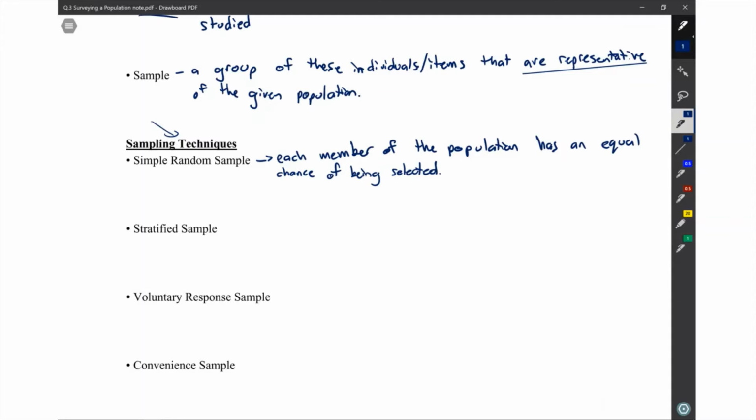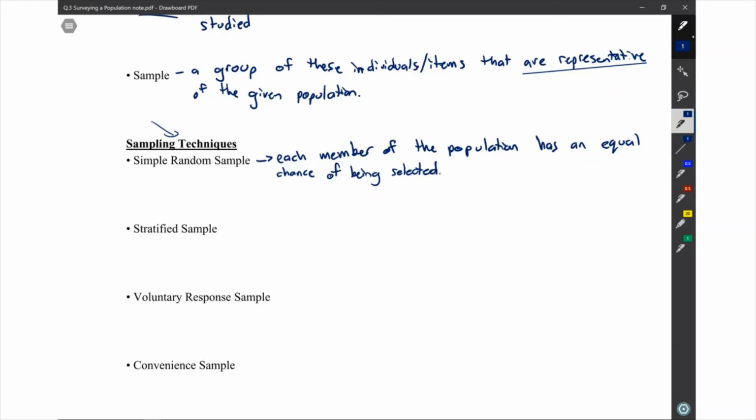Now, with a stratified sample, it's a little bit different. First, you take a population. Let's say our population is Canadians. You divide it into subgroups, such as gender, age, nationality, or location. And then you take a random sample from each of those subgroups in proportion to its size in the population.